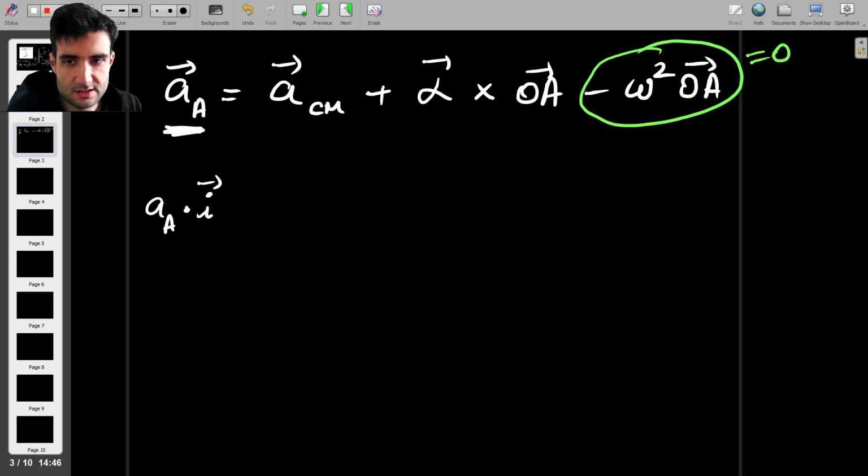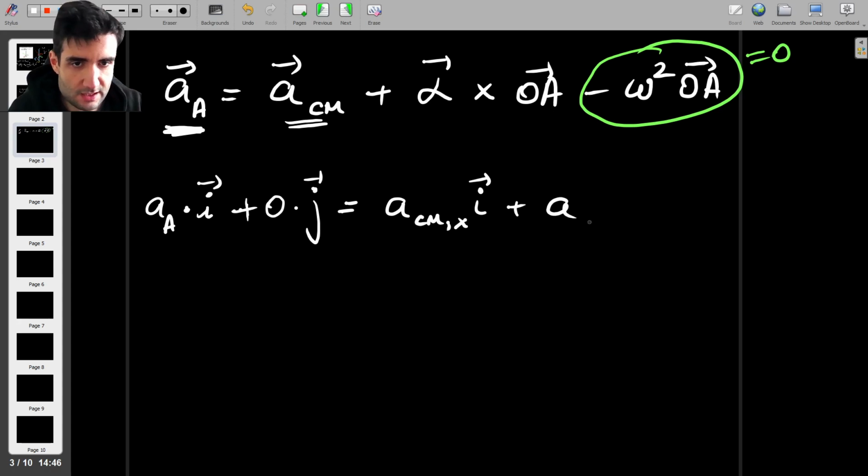So it only has this i unit vector component in it, and the j component or the y component is 0, like that. Right, so this is equal to the acceleration of the center of mass, which we don't really know much about. So that's the acceleration of the center of mass in x times i plus the acceleration of the center of mass in y times j.